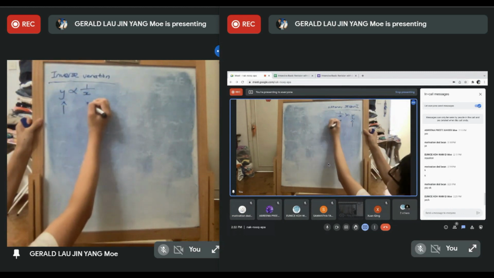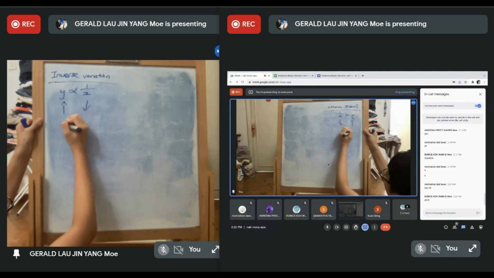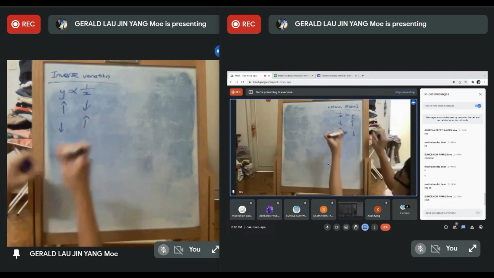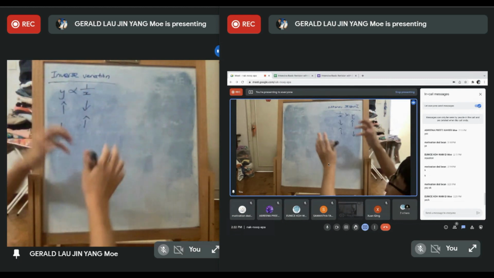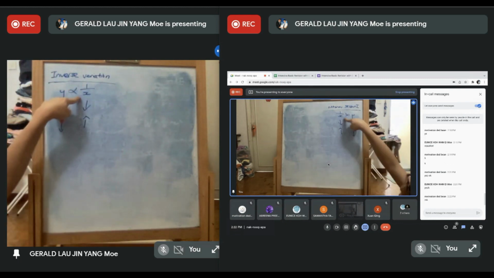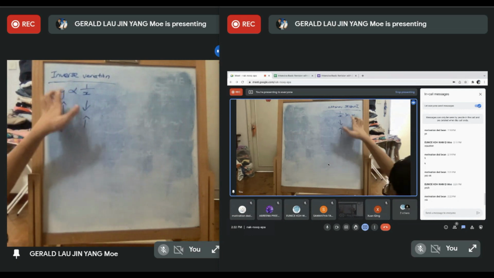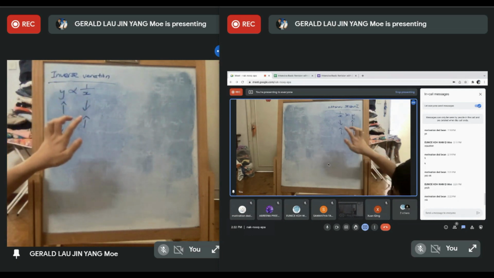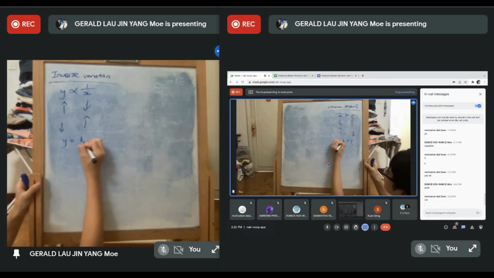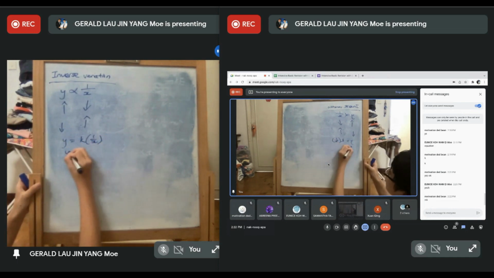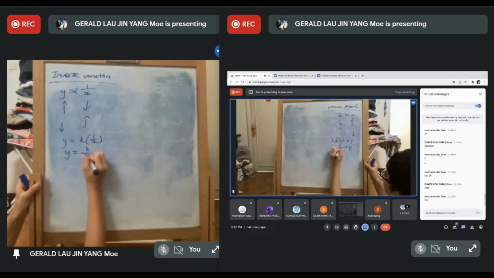Y increases, x decreases. Y decreases, x increases. Understand? Opposite, inverse here, inverse variation. So this is the variation form. When I want to convert into an equation form, I introduce a constant. Y equals k, so you can write y equals k over x.